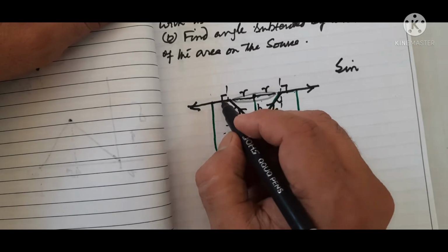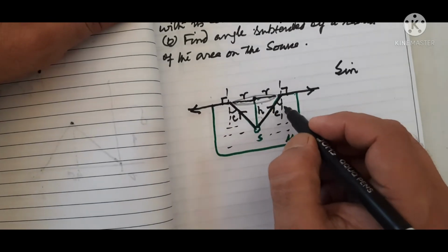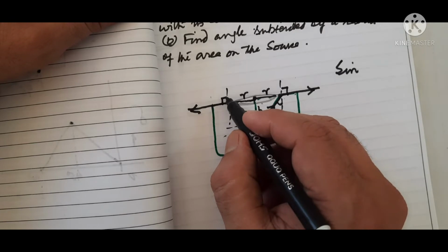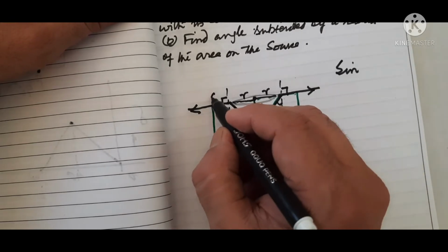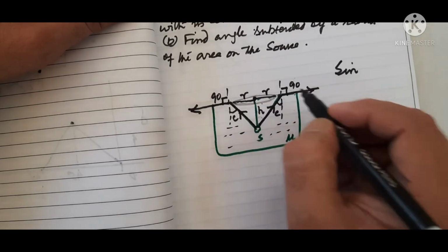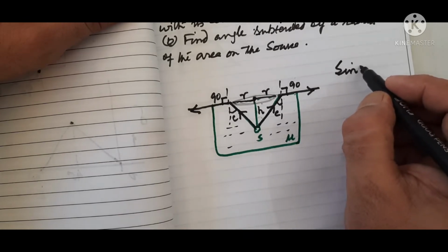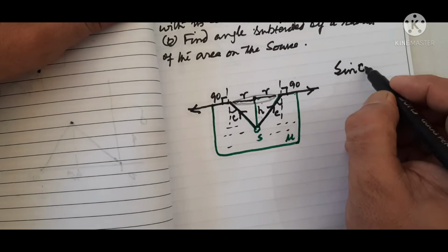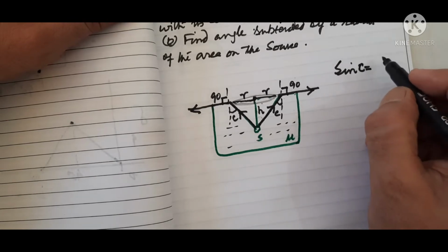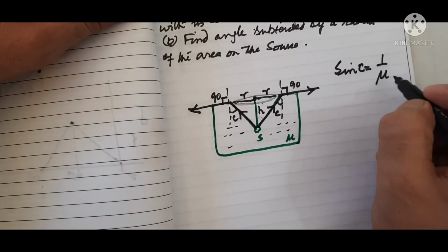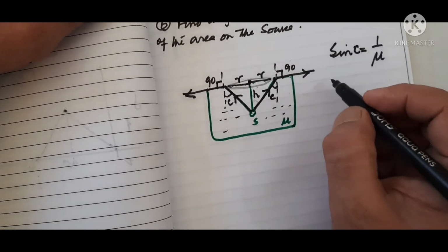It's also 90 degrees. So the critical angle is the particular angle of incidence for which the angle of refraction is 90 degrees. This 90, this 90. Now sine of critical angle, sine c, is equal to 1 by mu. This we know, refractive index and critical angle.